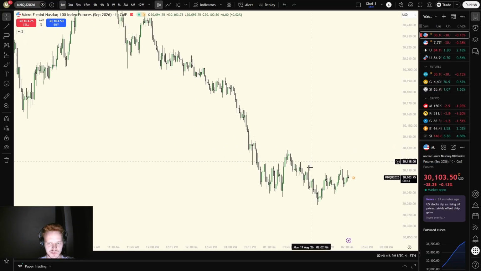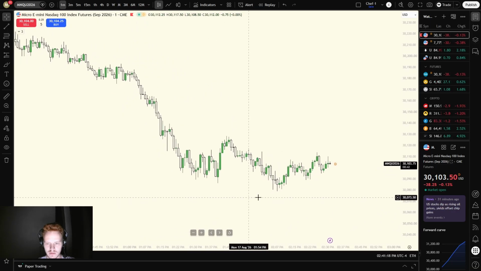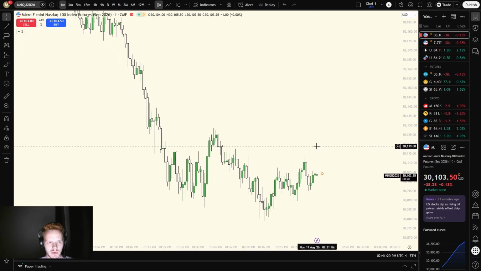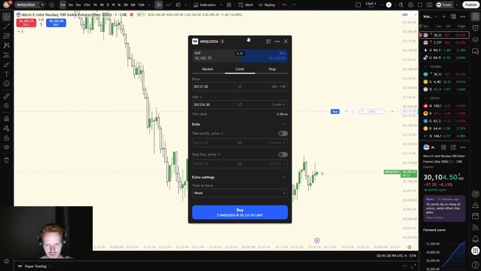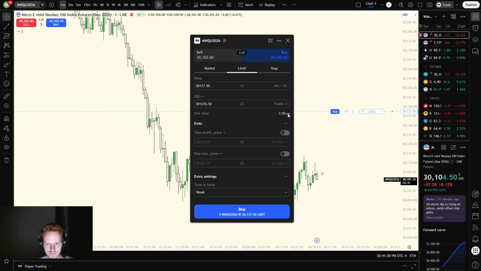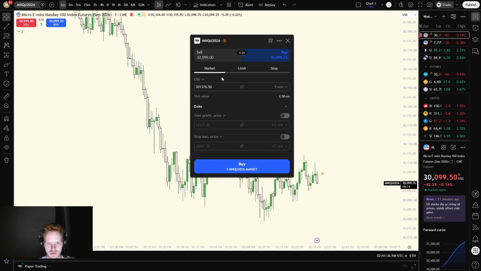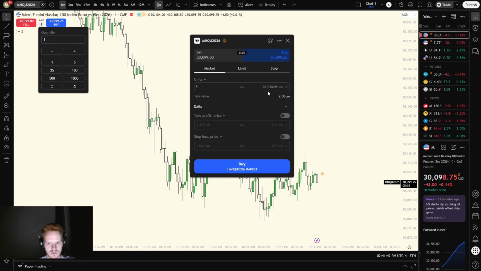Right. Okay. So right here, we're on the micro E-mini Nasdaq of the September contract. And if we go to the market order here, we can see the tick value is $2.50 USD. Actually, let me change units. Can't change it. Change to 1. Sorry, to 1.